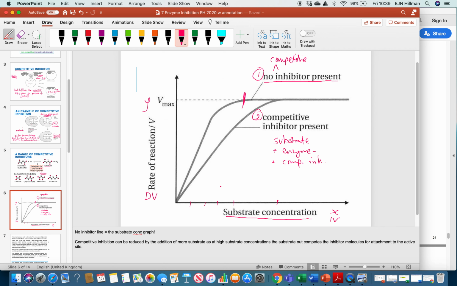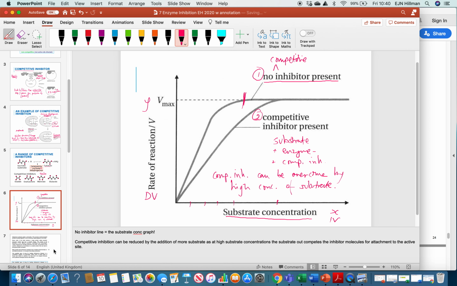So it's possible to say that the competitive inhibitors can be overcome by high concentrations of substrate. At lower concentrations of substrate, obviously, we can see that the rate is lower when the competitive inhibitor is present.